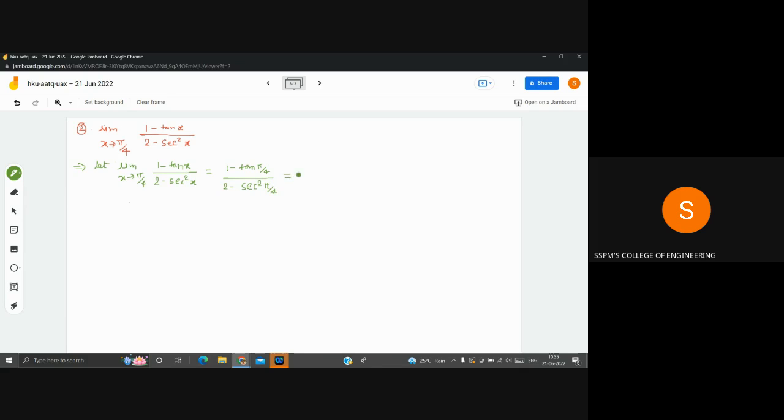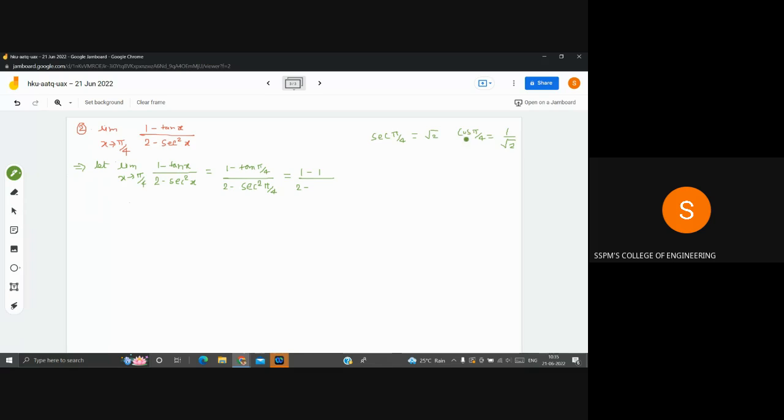Do you know the value of tan pi/4? Tan pi/4 is 1, no? Upon 2 minus sec pi/4. Sec of pi/4, sec means 1 by cos pi/4. So cos pi/4 की वैल्यू क्या होती है? 1/√2. मीन्स sec pi/4 की वैल्यू क्या होती है? √2 होगी. Yes, cos pi/4 is equal to 1/√2.